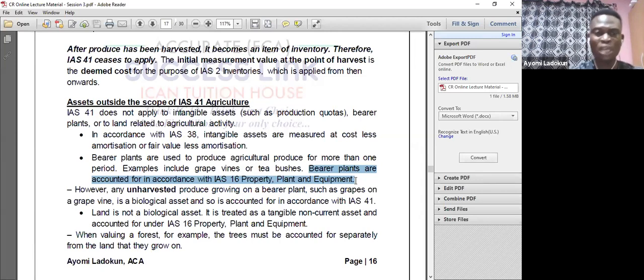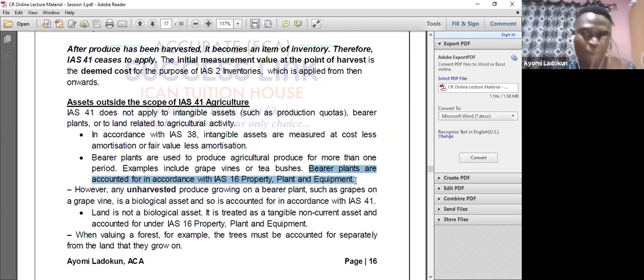So a bearer plant is used to grow agricultural produce, and an example could be grapevines. Grapes grow on grapevines. Tea bushes, what grows on tea bushes? Maybe tea, I don't know. But they use it to grow agricultural produce, maybe cassava, maybe palm tree growing palm kernel. That's what I mean by that.